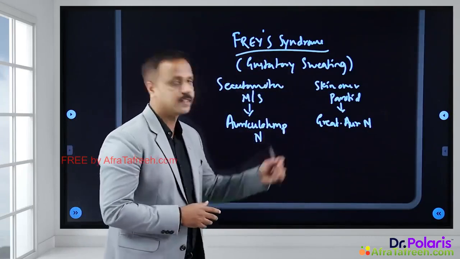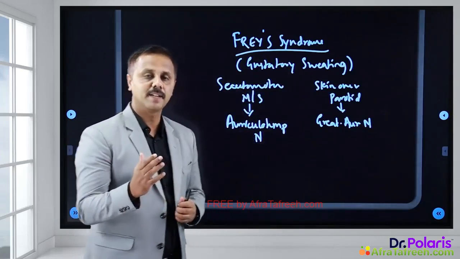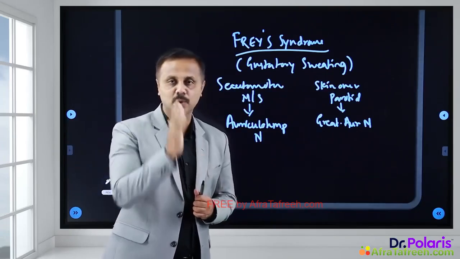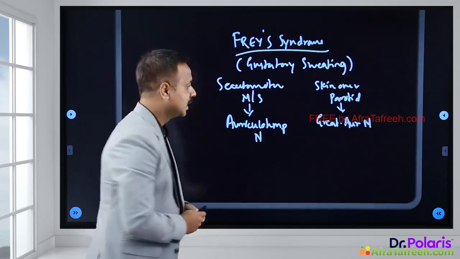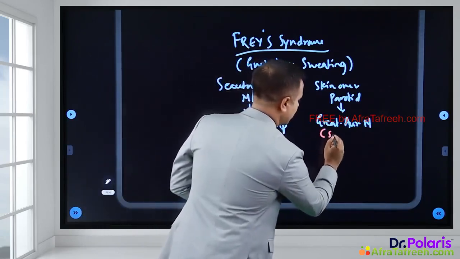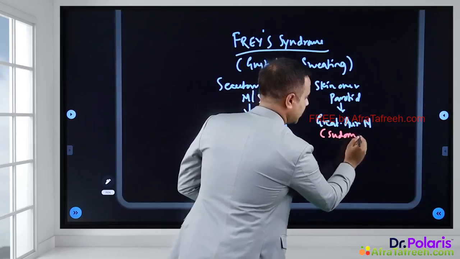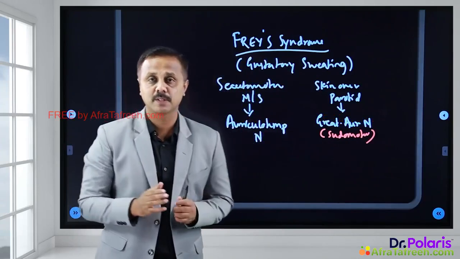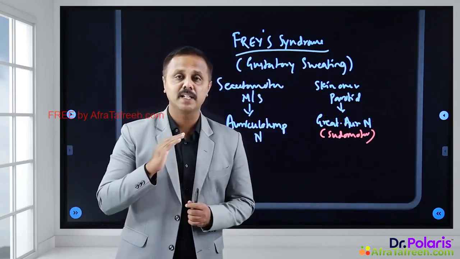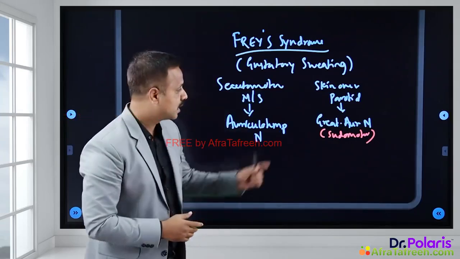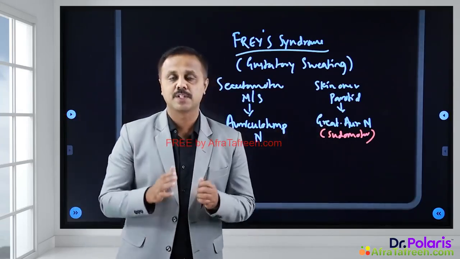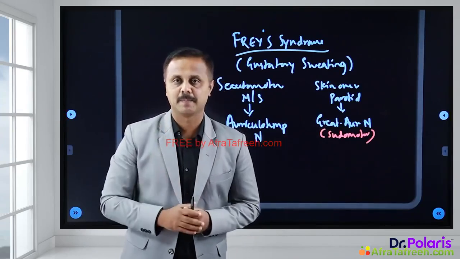The function of the greater auricular nerve is that it receives cutaneous innervation from the skin over the angle of the mandible and over the parotid. In addition, it also supplies pseudomotor fibers to the skin covering the parotid gland. What is the function of these pseudomotor fibers? They innervate sweat glands. So, stimulation of the greater auricular nerve will also result in secretion of sweat over the parotid.